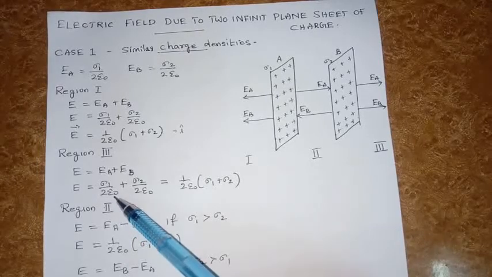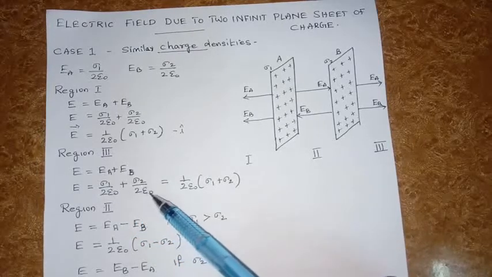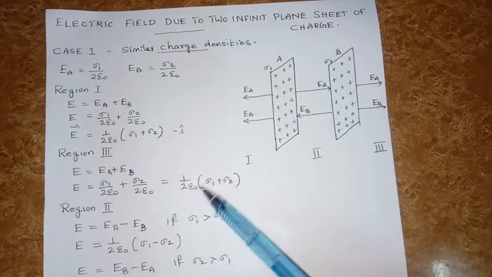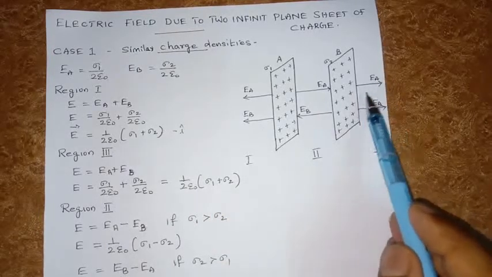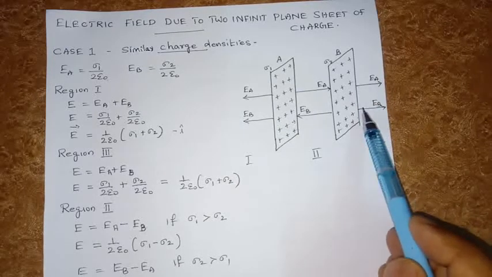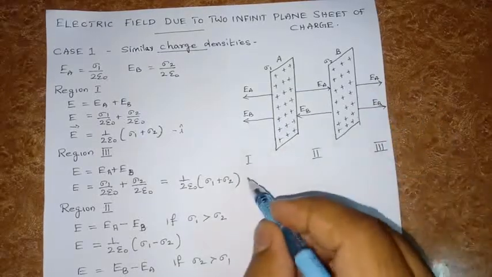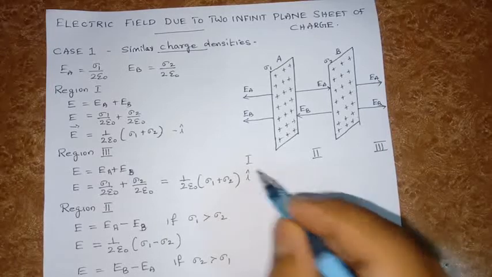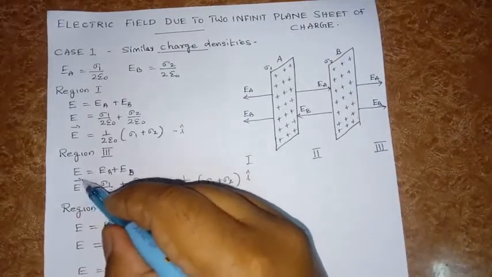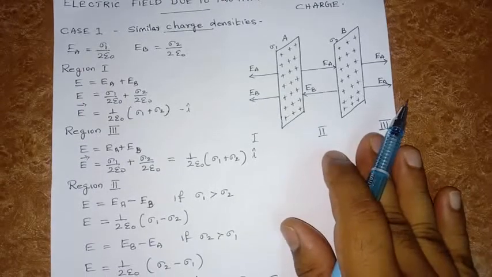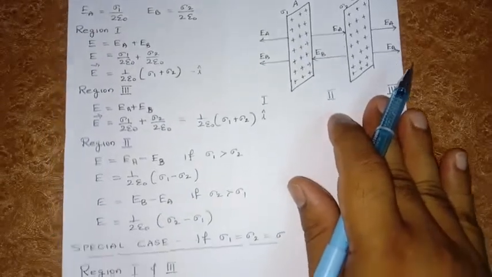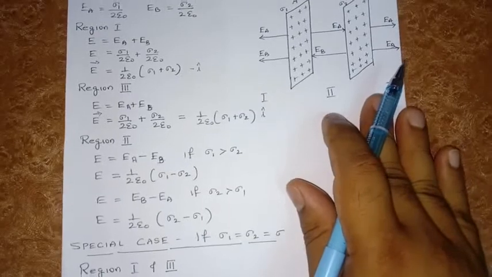Sigma 1 by 2 epsilon 0 plus sigma 2 by 2 epsilon 0 is equal to 1 by 2 epsilon 0 times sigma 1 plus sigma 2. What will be the direction of the net electric field? Since EA and EB both are in the same direction, the net electric field will be in the positive x direction, that is i direction. Electric field is a vector quantity, therefore it is better to represent electric field always in vector form.